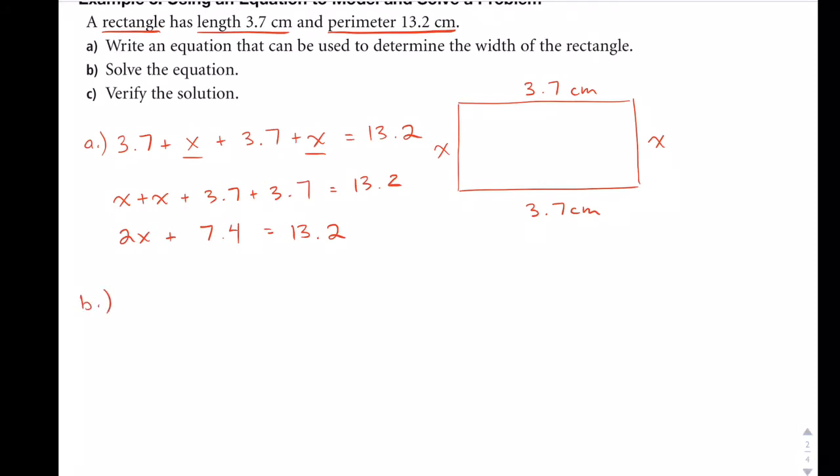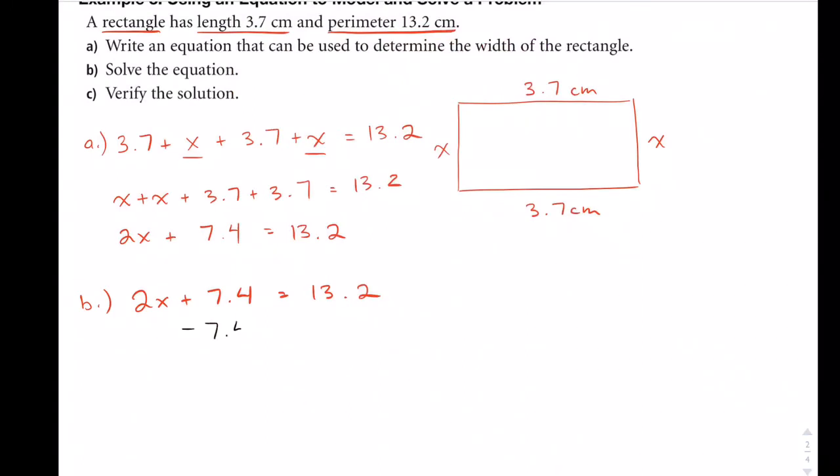B. Solve the equation. So we're just going to solve for x. This is our equation right here. Let me just rewrite it. Perfect. So that's our equation. We want to solve for x. So I have 2x, or 2 times x plus 7.4. Keep in mind, we always want to add or subtract the opposite. So I have a positive 7.4 here.